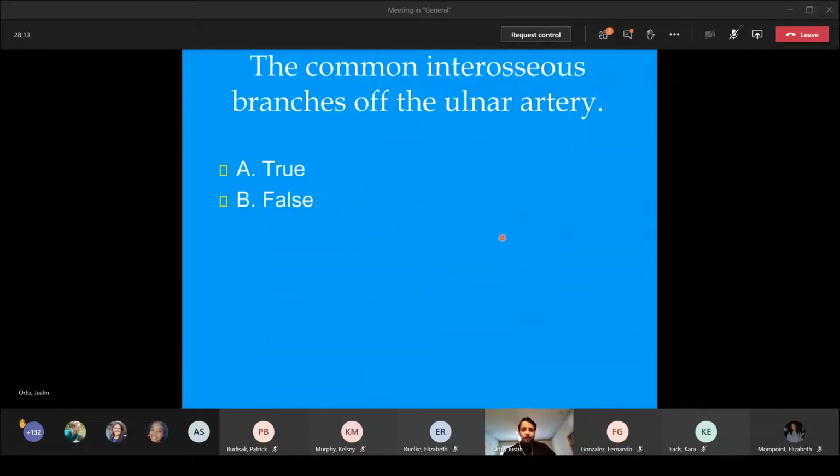Okay. So the common interosseous branches off the ulnar artery, true or false? All right, so yes, it is true.